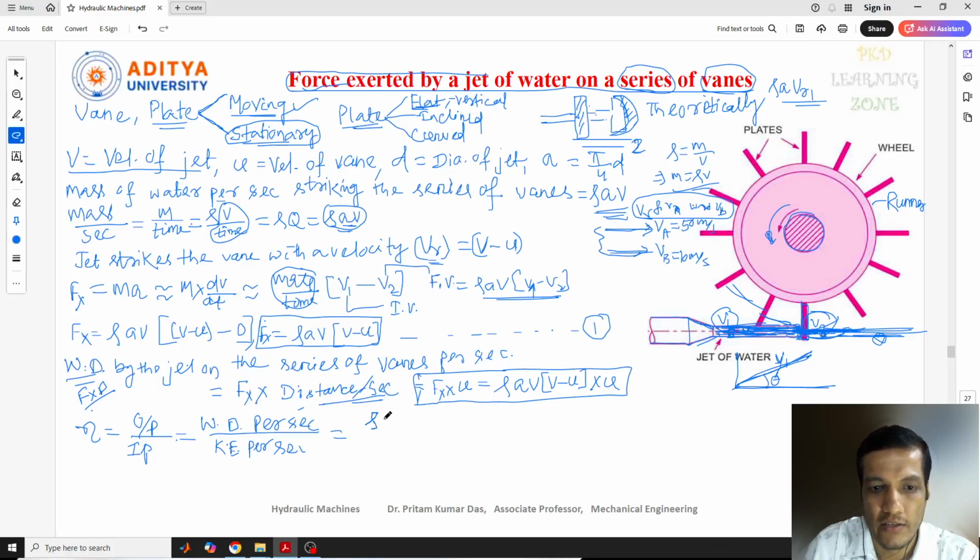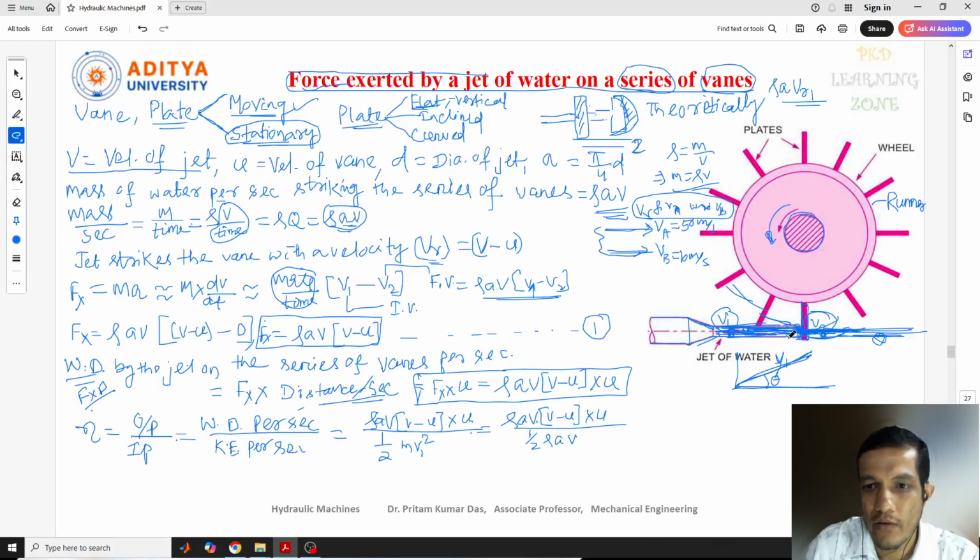So we can write this as rho a v (v minus u) into u, divided by half m v square, half m v1 square. Again, we can write this as rho a v (v minus u) into u, divided by half rho a v cubed.